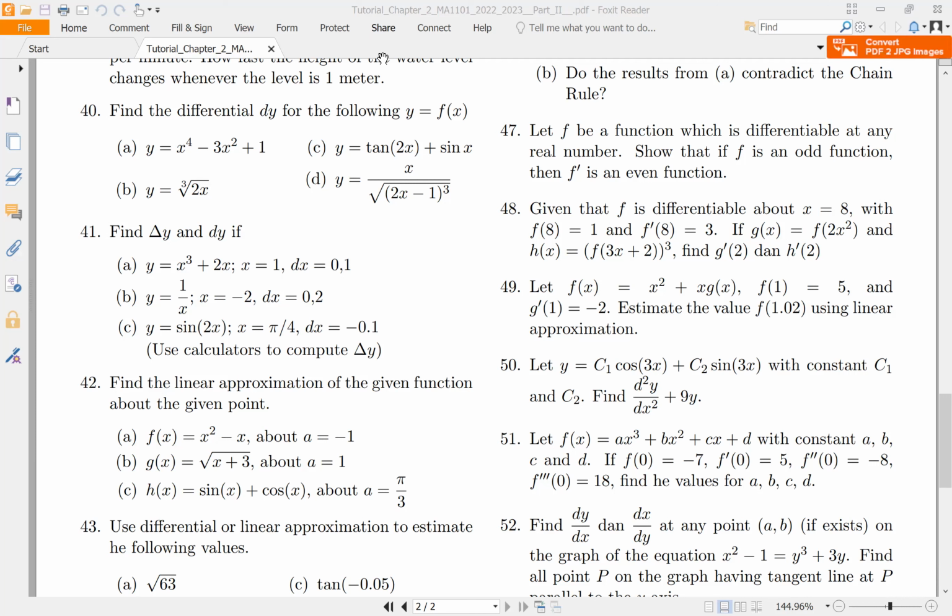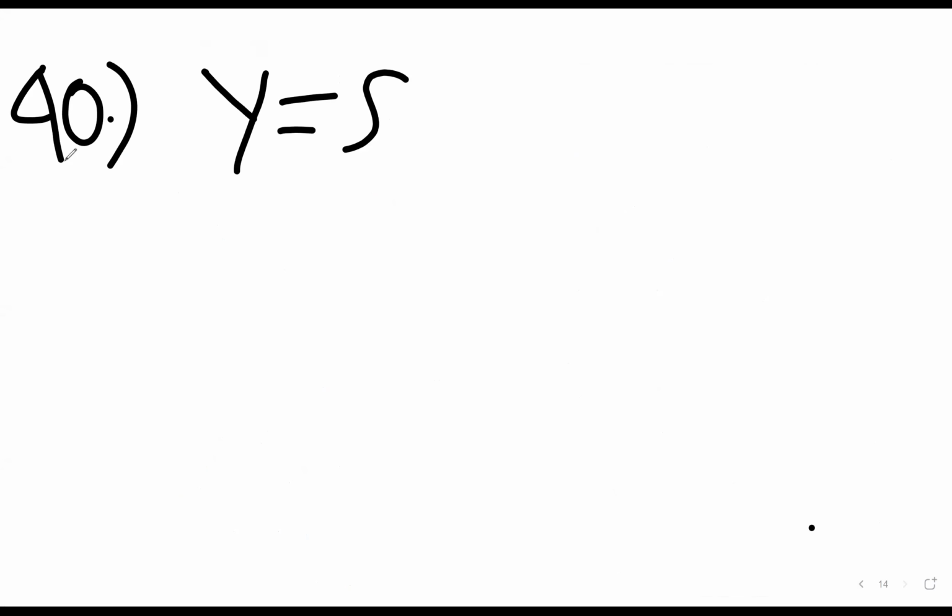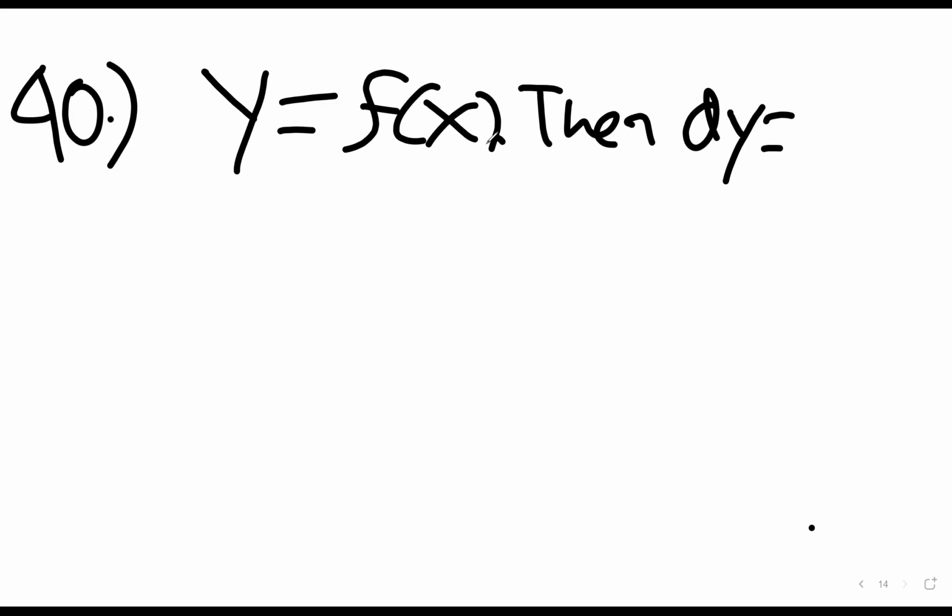Let us recall first what is the differential dy. If I have y equals f of x, then the differential of y, dy, equals f prime x dx.